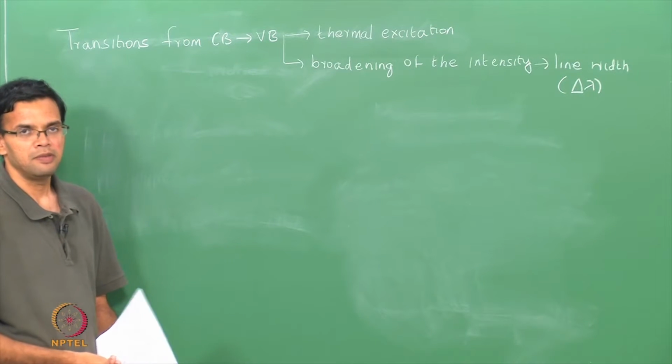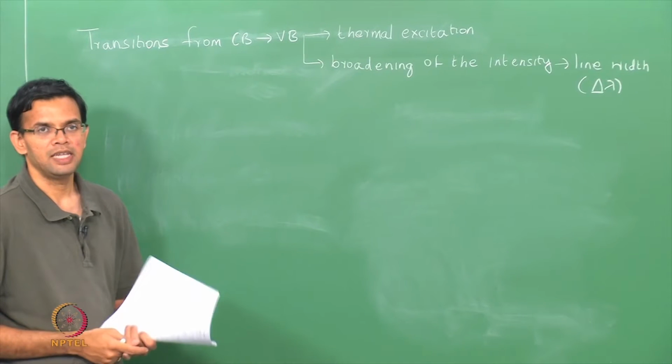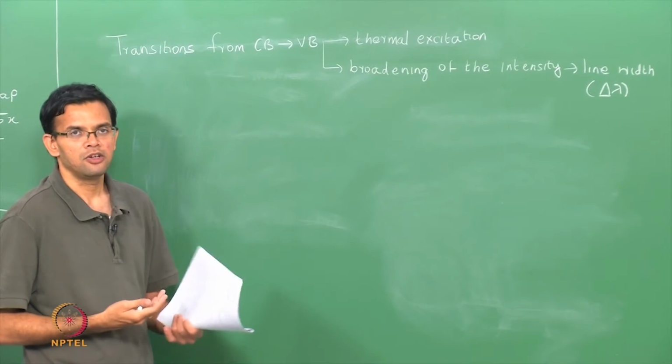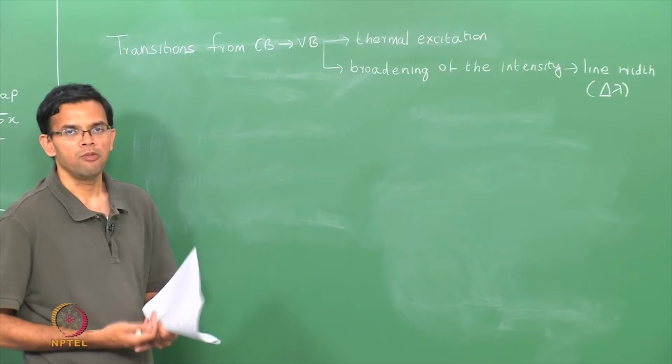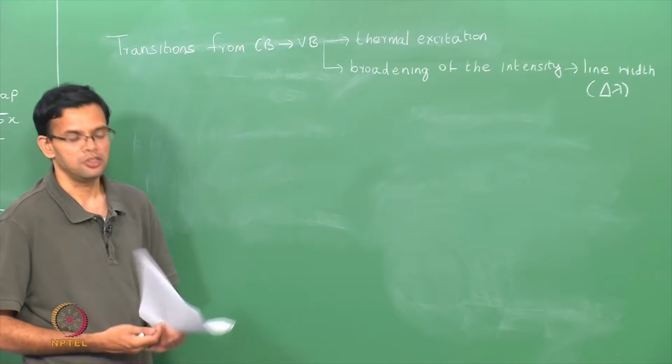So, the line width depends upon the number of states that are available for the electrons and holes to occupy, that is your density of states, and also the probability of the occupation, so that is your Fermi function.